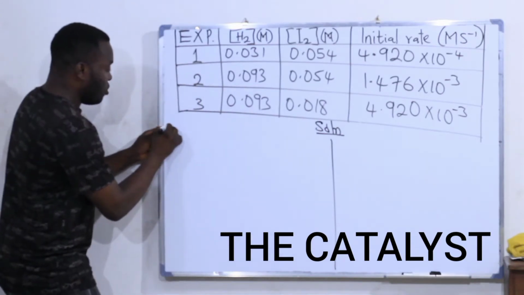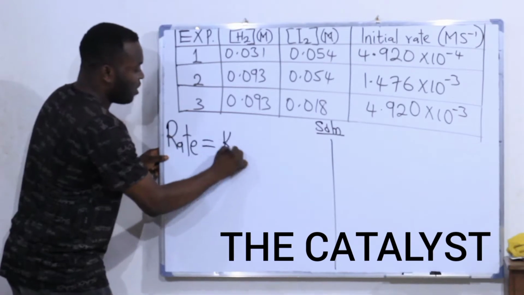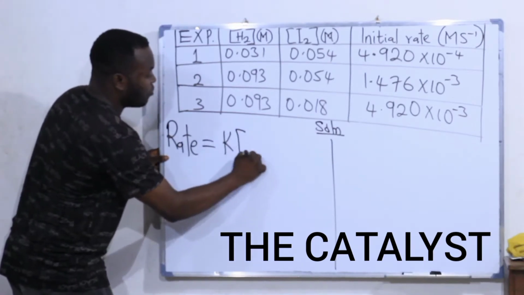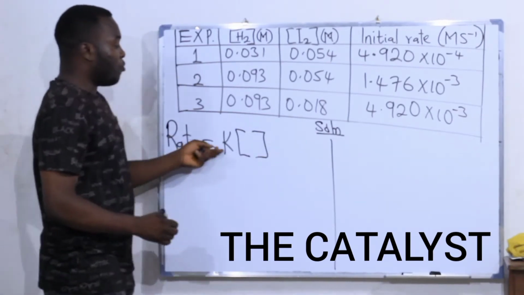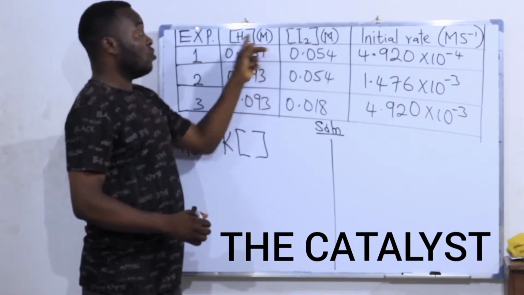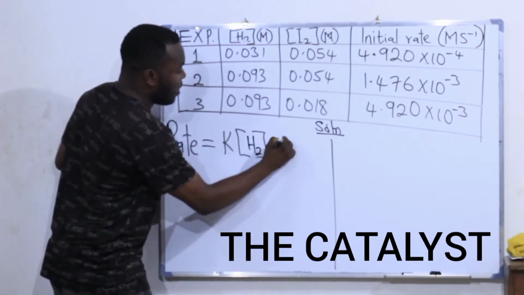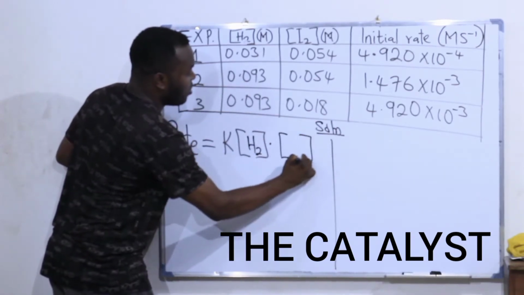So I'll write it on the board: rate is equal to rate constant multiplied by the concentrations of hydrogen and iodine.